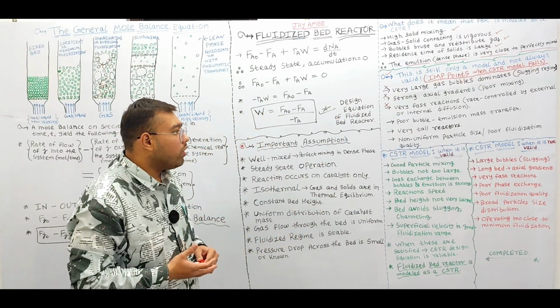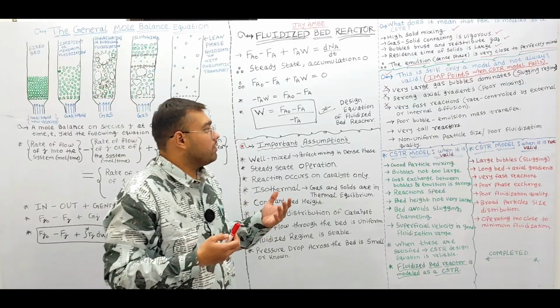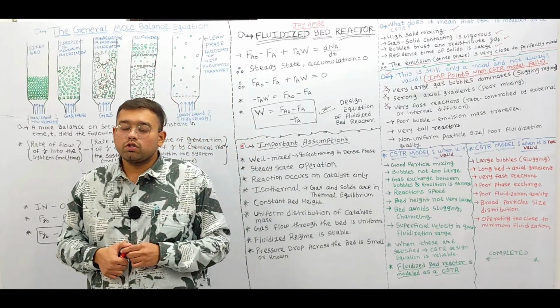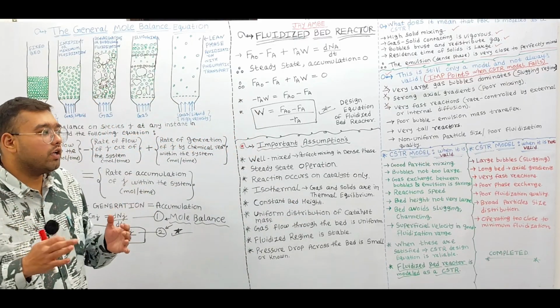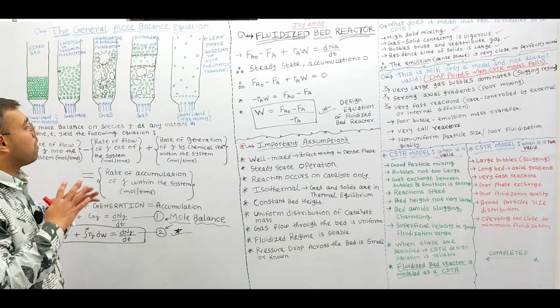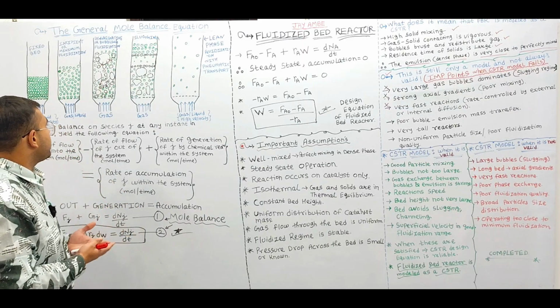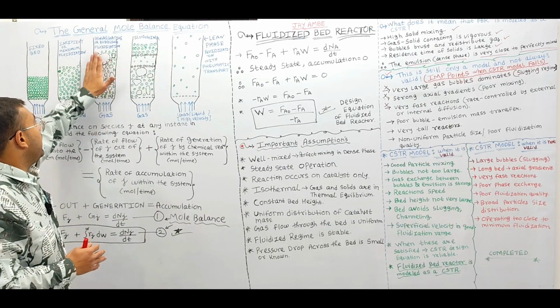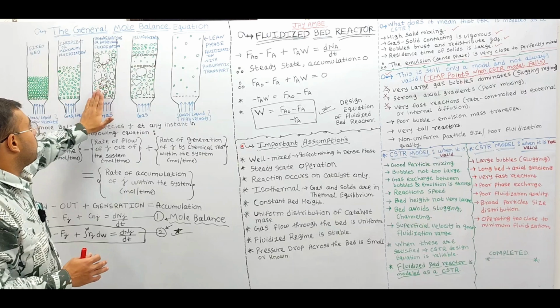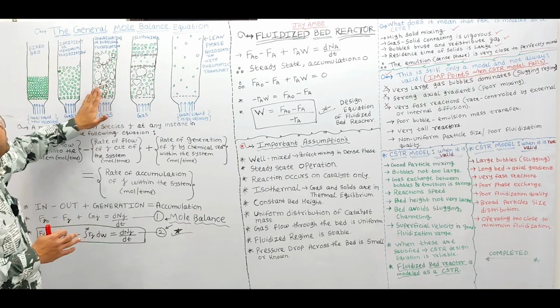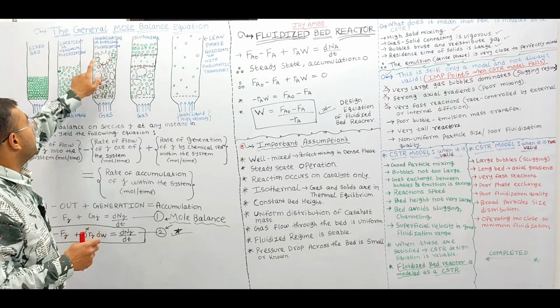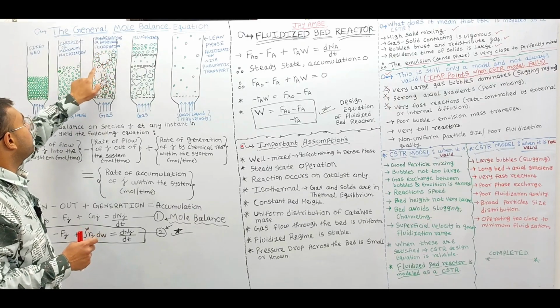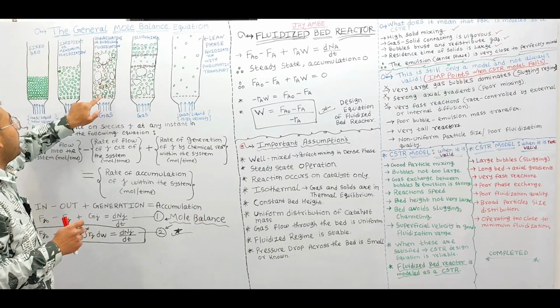So we cannot model the fluidized bed reactor as a continuously stirred reactor because we need to have perfectly uniform distribution of all the gaseous phase with the solid phase throughout the entire reaction environment in the fluidized bed reactor. We need uniform distribution of each and every reaction parameter with respect to every position in time, right?